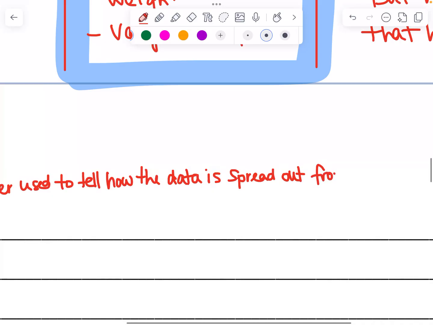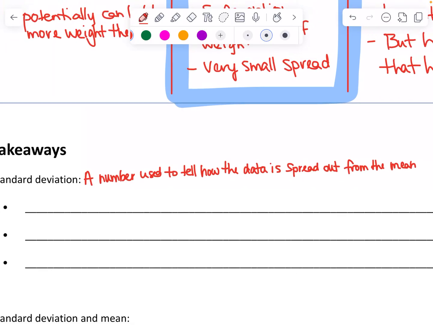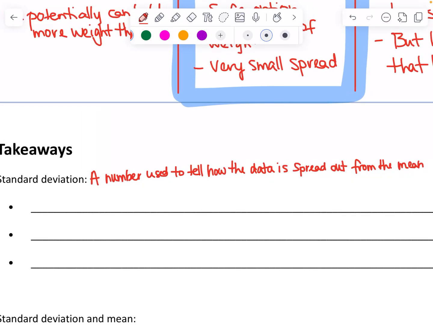Let's look at some facts about standard deviations. So if you have a greater standard deviation, what does that mean?